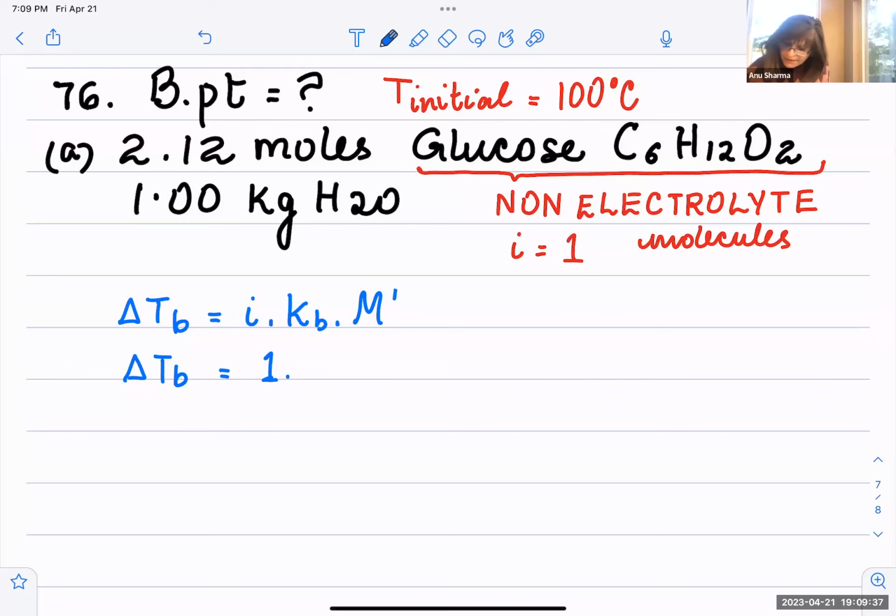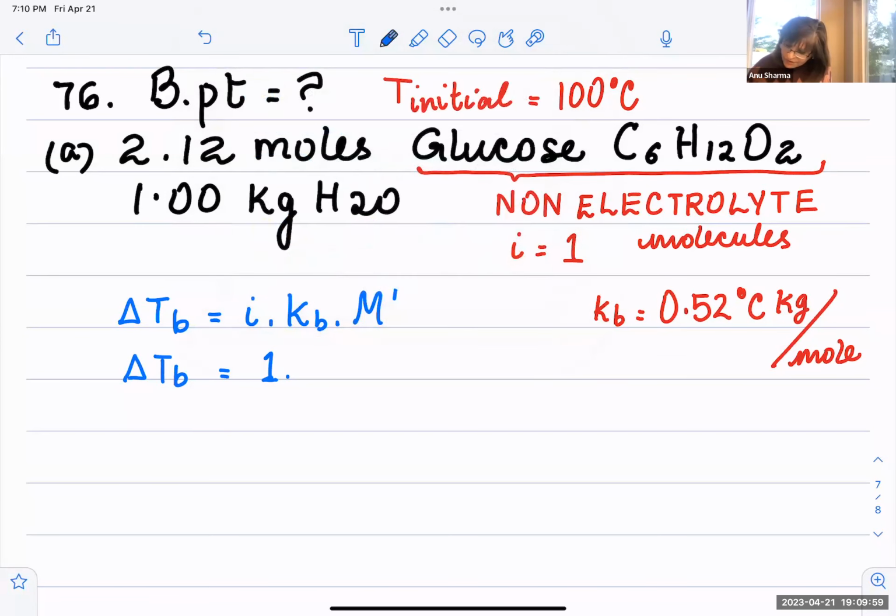The value of KB will be given to you, and that is 0.52 degrees Celsius kilograms per mole. This is known, and the molality we will write down here.